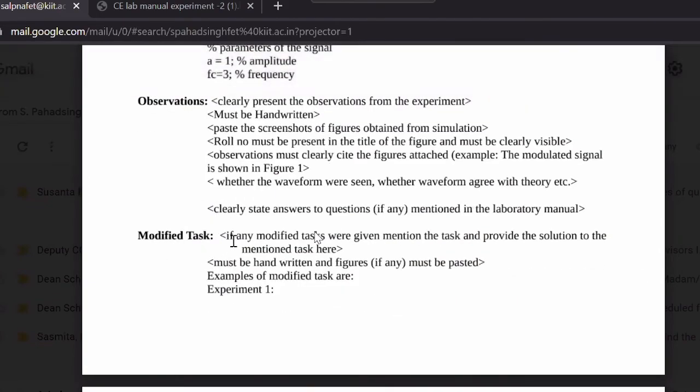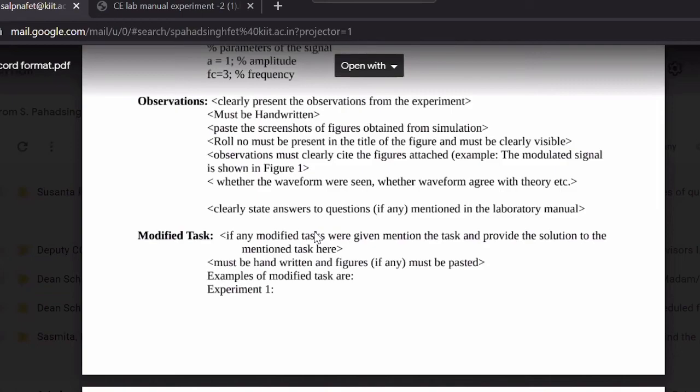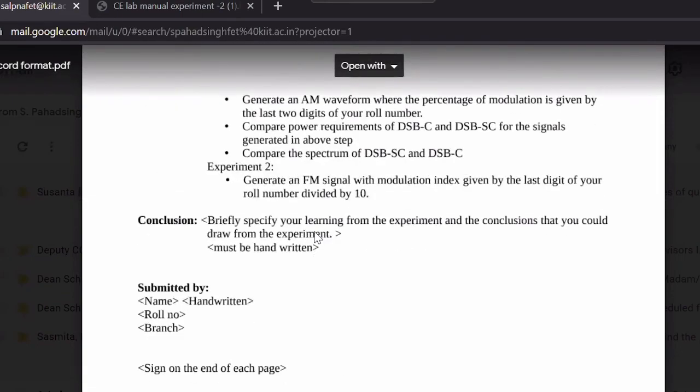Then the modified task: if there are any modified tasks, you write about them. Otherwise, you can leave it. For example, generate an AM waveform with a percentage given.